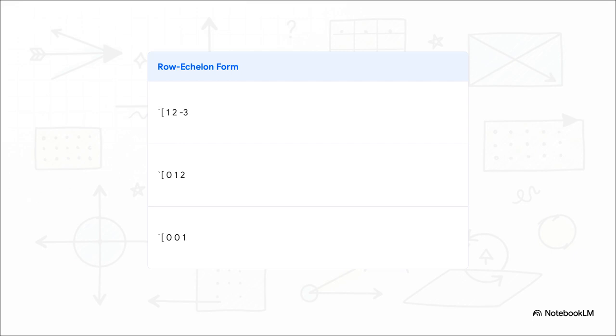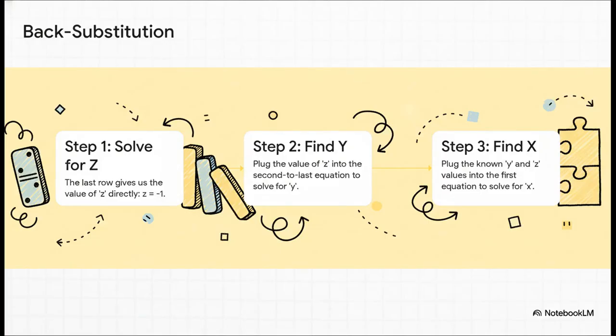We've just found our first variable. z equals -1. And from here, it's like a domino effect. It's called back substitution. We take that value for z, plug it into the row above to find y, and then we use both of them to find x. We've solved the entire system by turning a complex problem into a really elegant step-by-step puzzle.